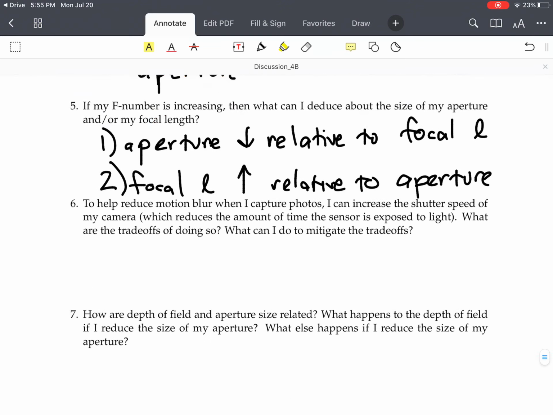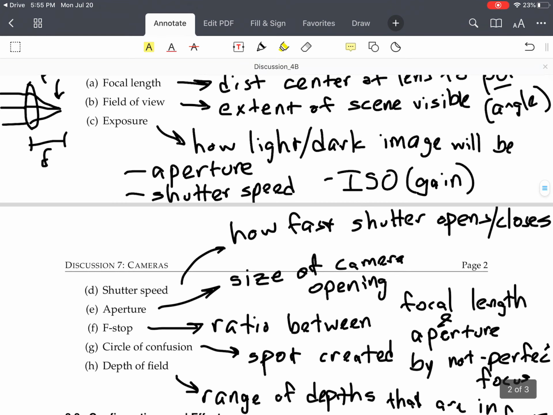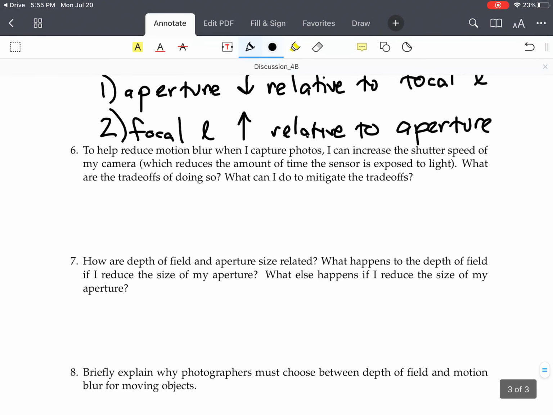So remember that when we discussed exposure earlier up here, it said how light or dark an image will be, and shutter speed was one of those things that affects this. So if we increase the shutter speed, that means less light is hitting, which means that the overall exposure is going to be lower. So what's going to happen? Exposure is going to be lower.